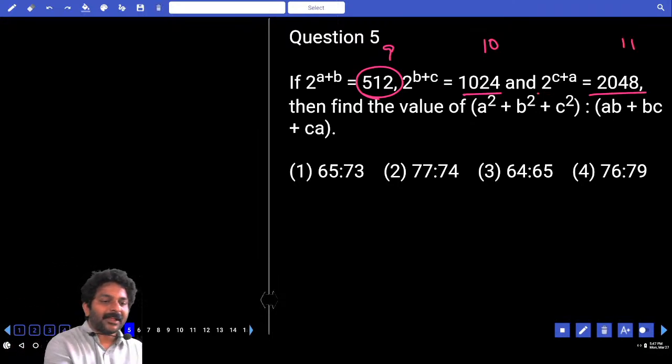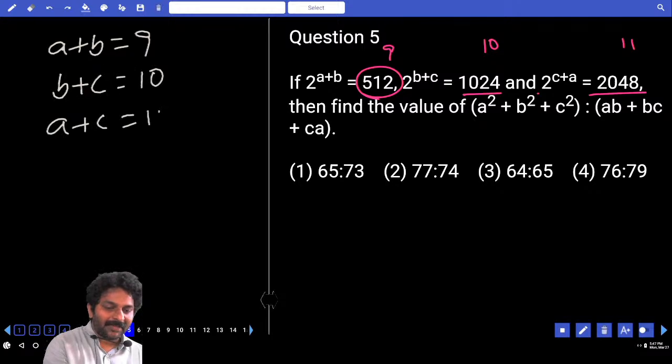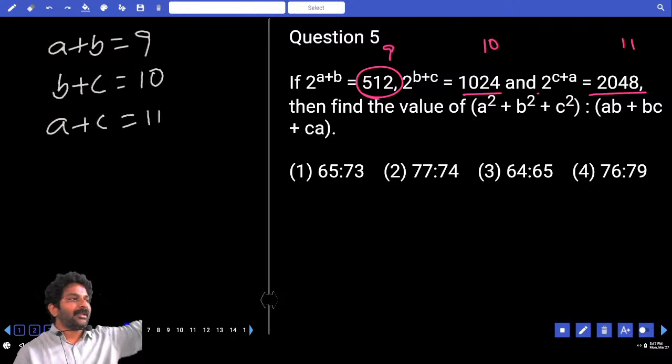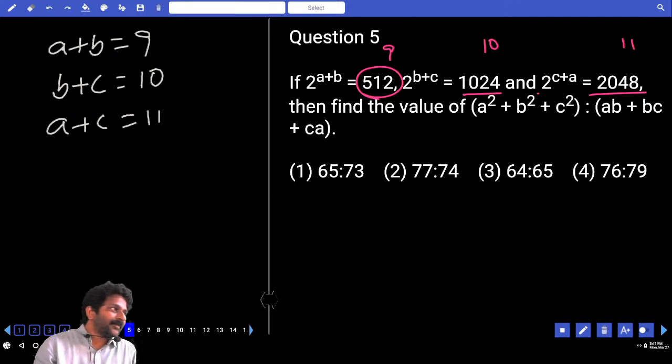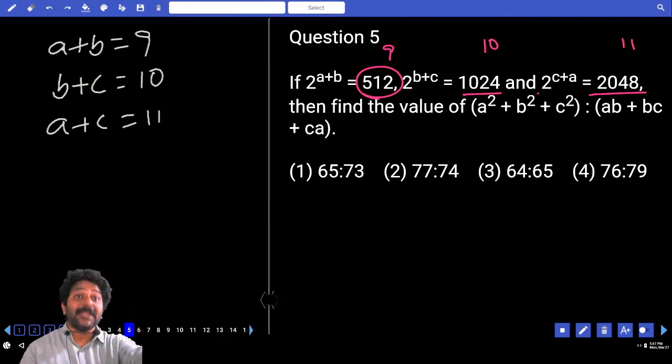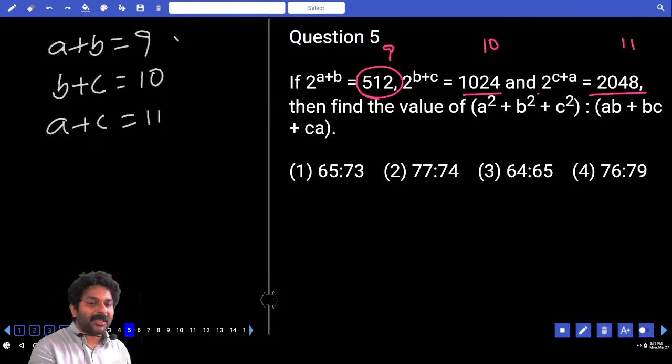Correct? That means we can write a plus b is equal to 9, b plus c is equal to 10, a plus c is equal to 11. Find out one value, you can find out the remaining values. Let's find out a. If you want to find out a, add those equations where you have a. Here you have a and here also you have a.